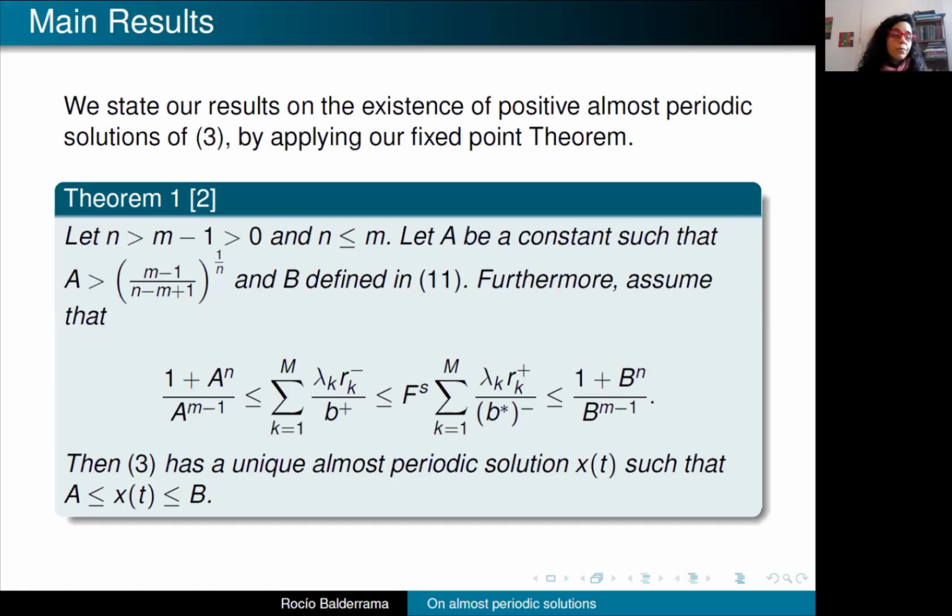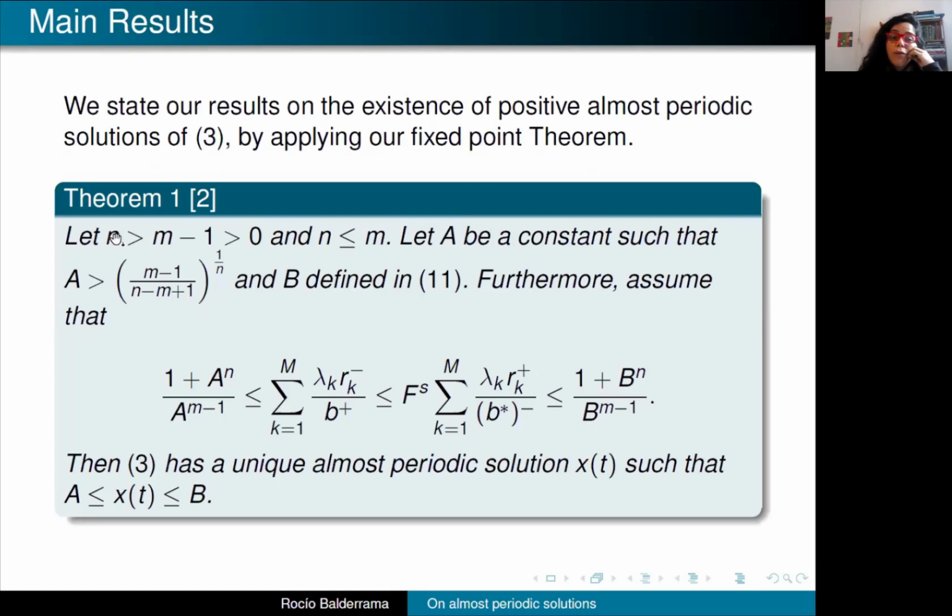So returning to the Mackey-Glass equation, we start our results on the existence of a positive almost periodic solution of model 3, the generalization of the Mackey-Glass equation, by applying our fixed point theorems.